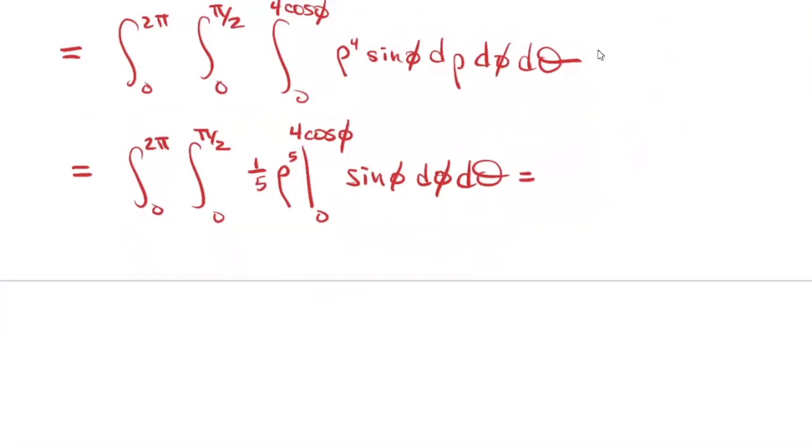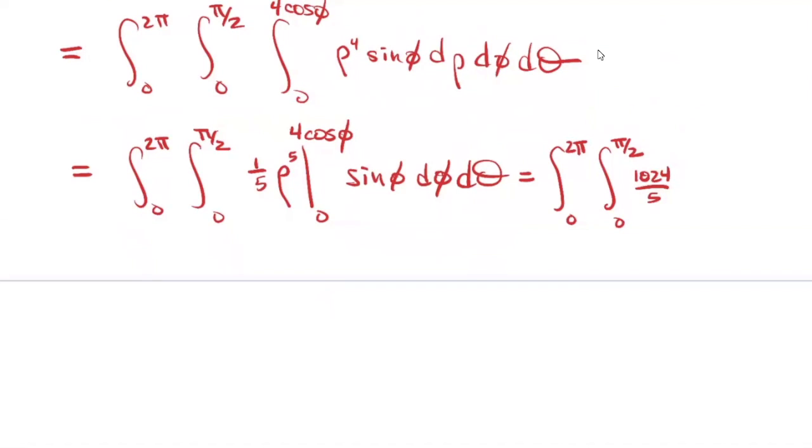So what if we wrote it over here? You have integral 0 to 2 pi, integral 0 to pi over 2, again 1024 over 5. That's the 4 to the 5th.